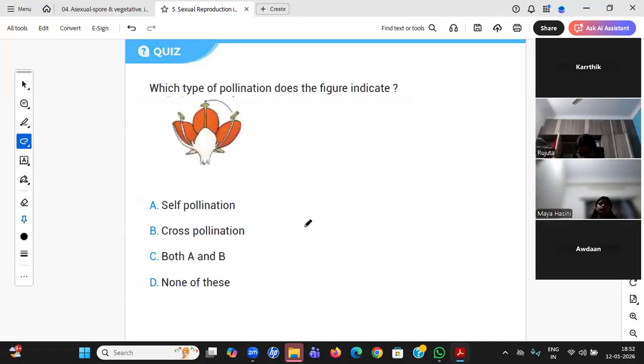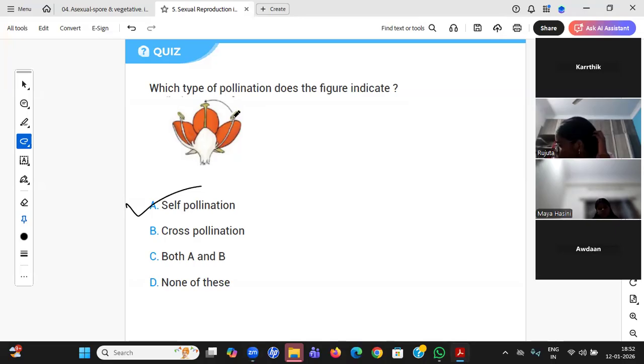Which type of pollination does the figure indicate? The figure may not be exact, so try to give the best answer. Narendran, Rujita, Maya, right answer. Come on, Megha. Okay, self-pollination.